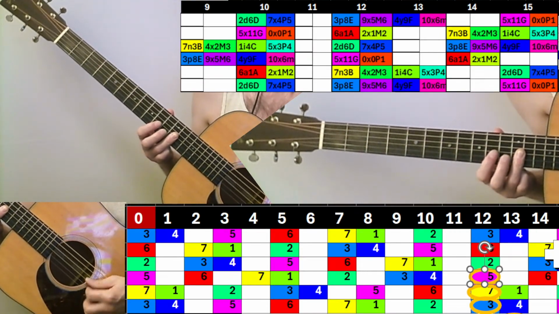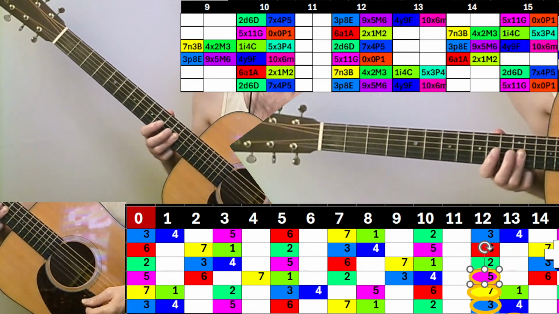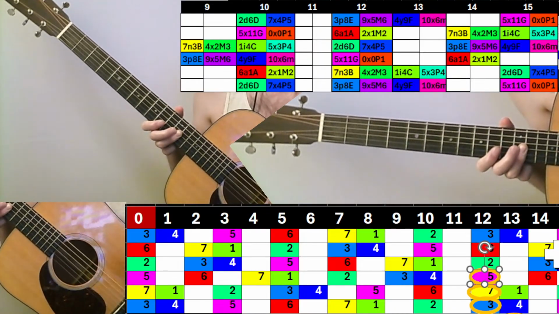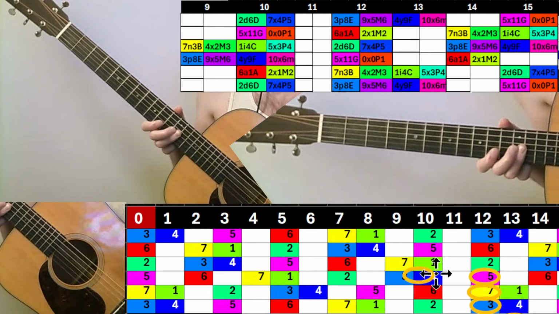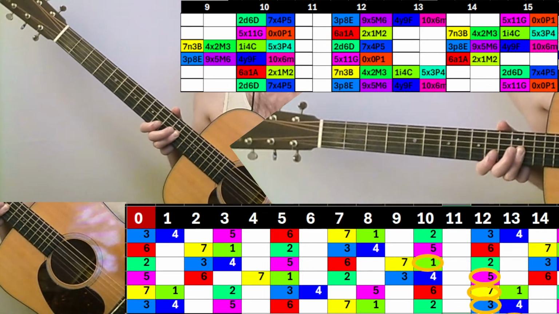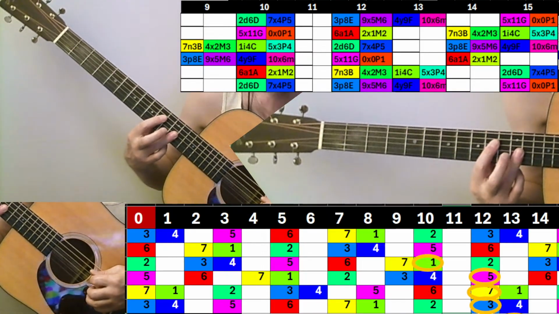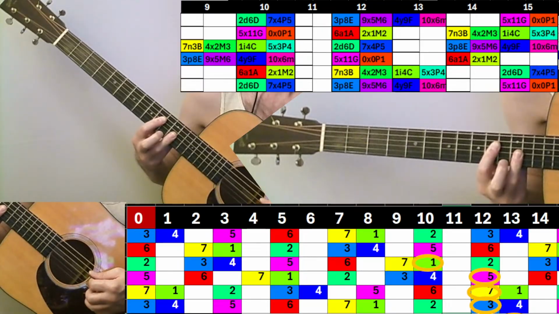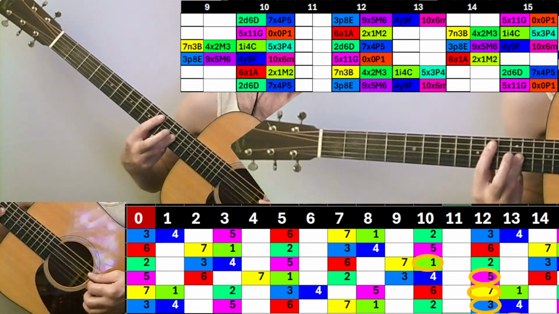Okay, so I can add the 1 over here, which is the 8th modal half step 9th scale degree. Is that right? Did I get that right? Oh man, I can't remember. So anyway, or I can put another root on top.